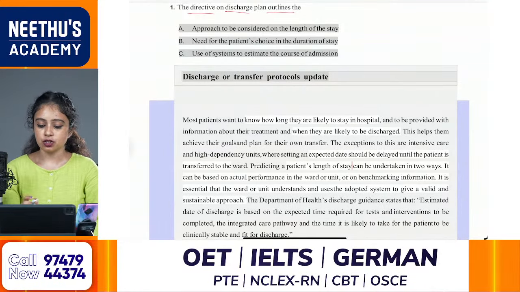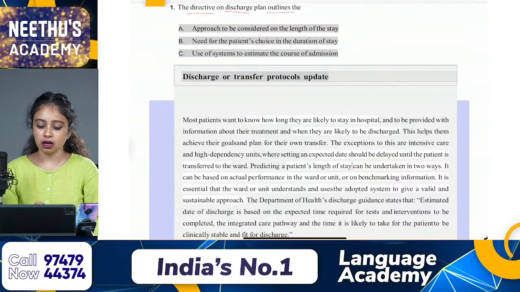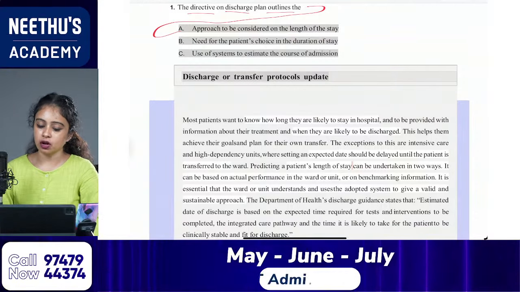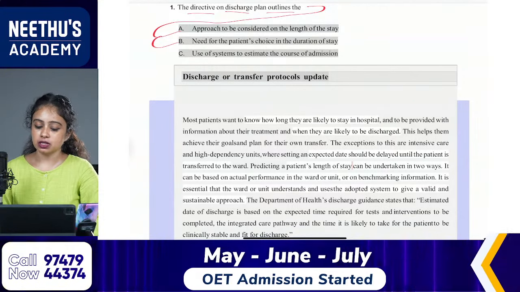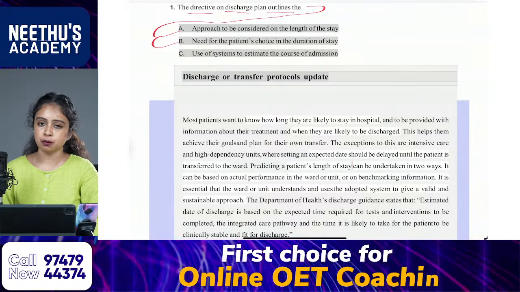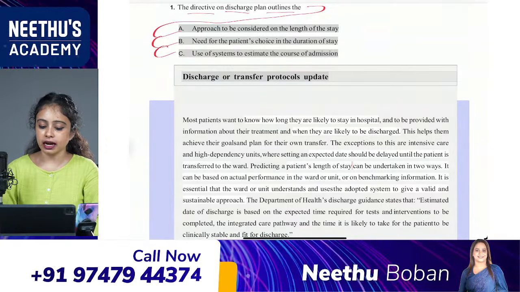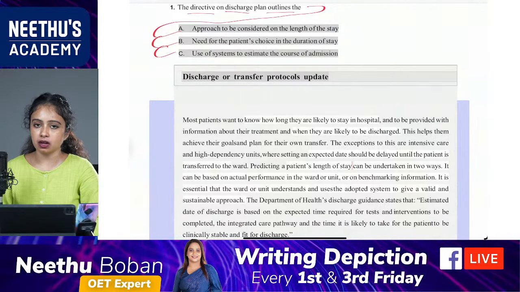Option A, so when you read a question, always connect with your options, okay? The directive on discharge plan outlines the approach to be considered on the length of the stay. Option B, the directive on discharge plan outlines the need for the patient's choice in the duration of the stay. And option C, the directive on discharge plan outlines the use of systems to estimate the course of admission.